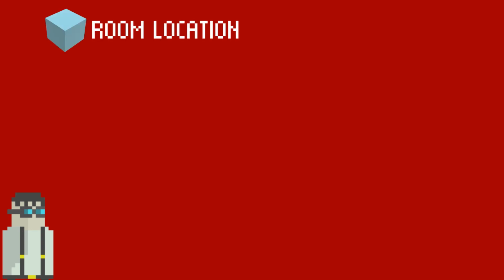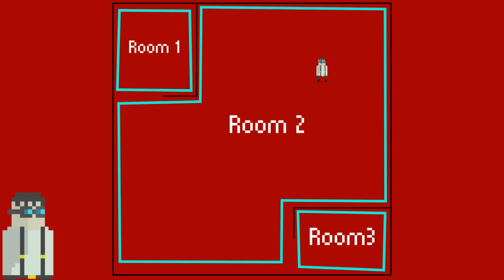So, to make the AI work better, I have made some game objects to manage different tasks. An object called room location is a trigger that's going to be placed in each room in a map that will detect which room the player just moved to. Another object called player locator will tell the zombie which room the player is in.